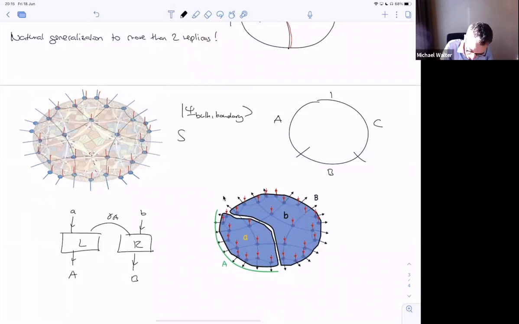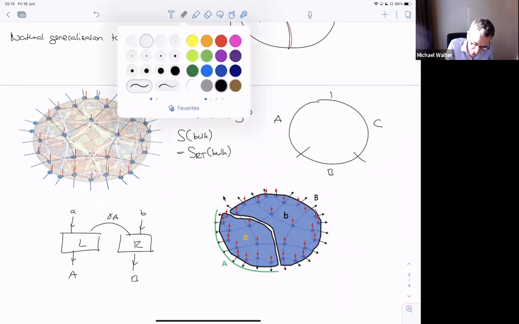Now you would compute the entropy of the bulk part. Because Ryu-Takayanagi holds in random tensor networks, you can just do this geometrically. You could ask, what is the minimal way of cutting the tensor network such that it separates all these bulk legs from all the boundary legs?